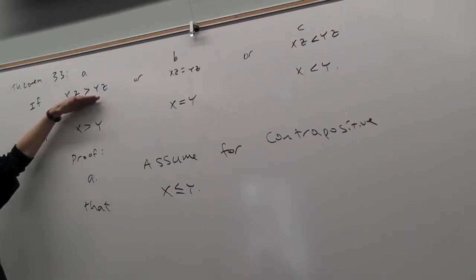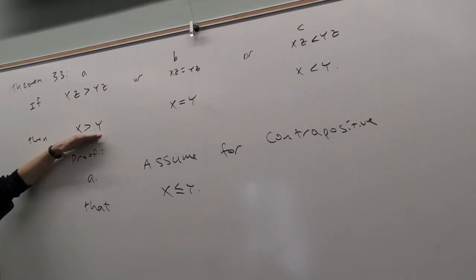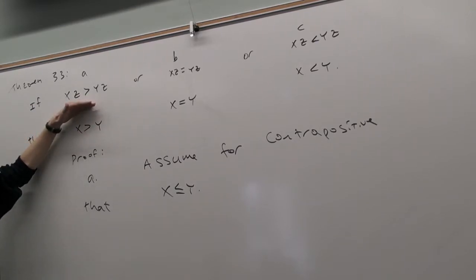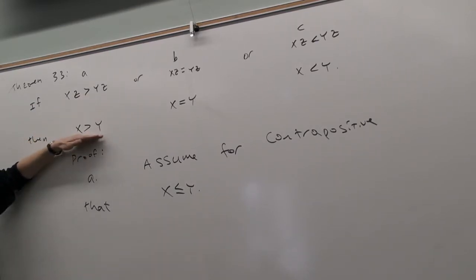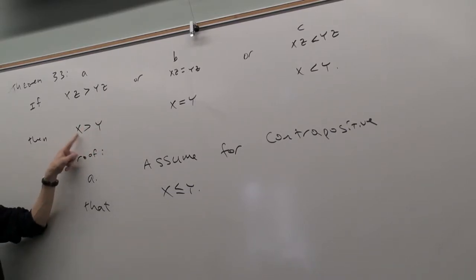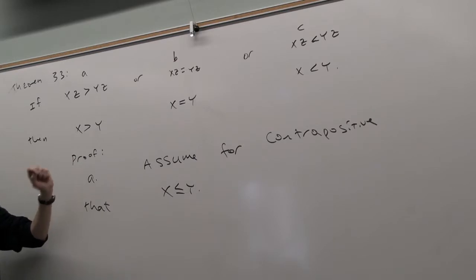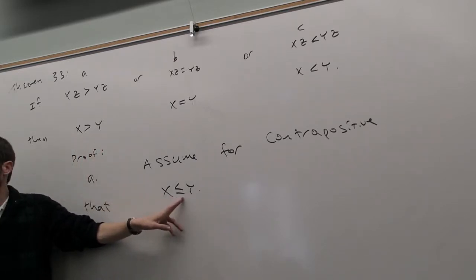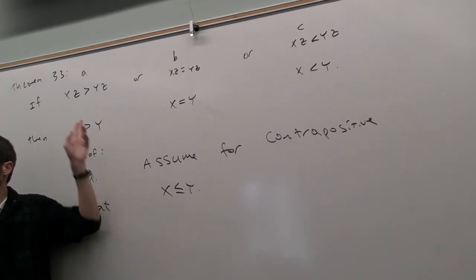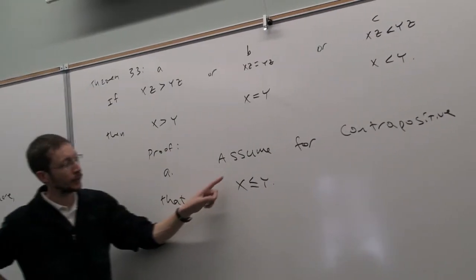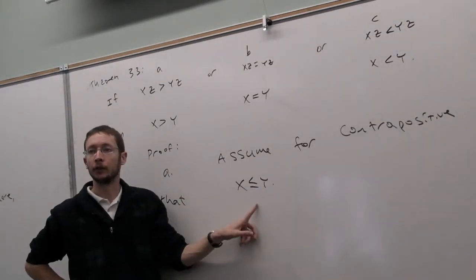It says, if P then Q is what you're trying to prove. Contrapositive says, show that whenever not Q, then not P. So we take this ending statement, Q, and we negate it. What's the opposite of x being greater than y? If x is less than or the same as y. That's the negation of that statement. So this is the statement: assume not Q is true.